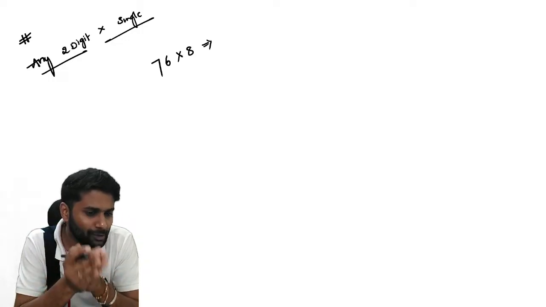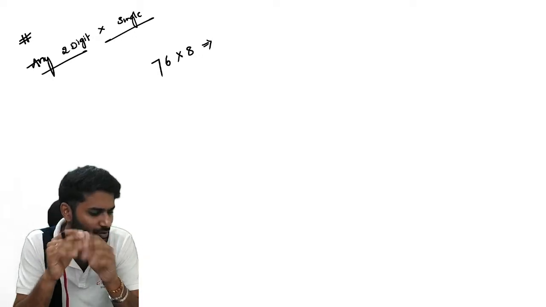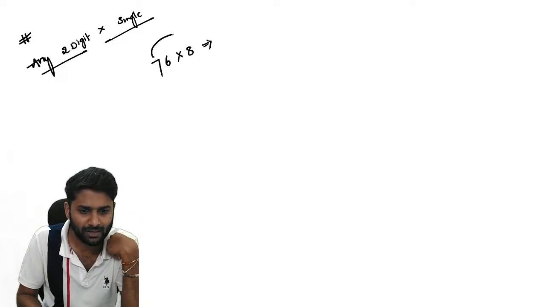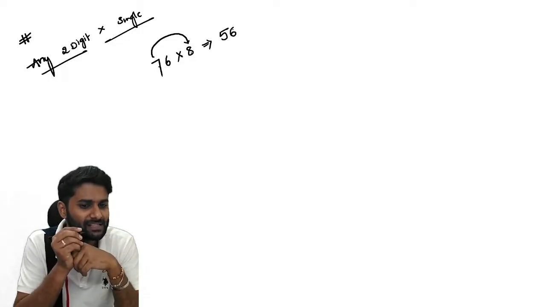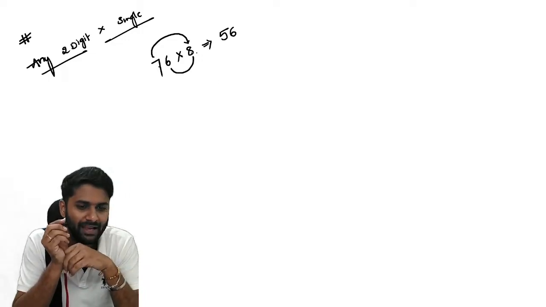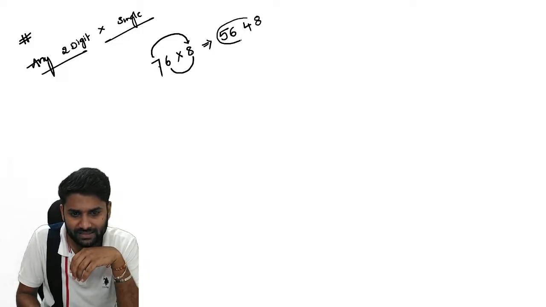Here is the approach. Multiply these two numbers: 7 into 8 is 56. Again, multiply these two numbers: 6 into 8 is 48.